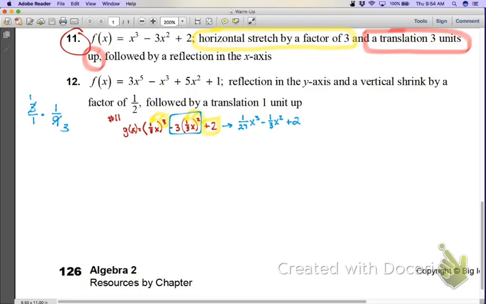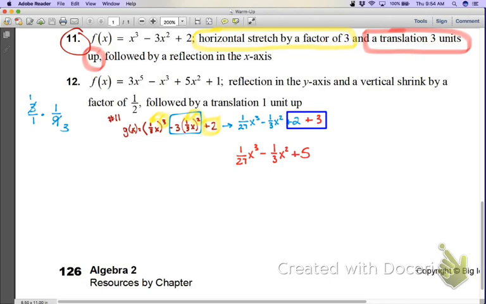On the back, right? So like my second step, I'm just going to rewrite it. I'm going to have 1/27 x to the third minus 1/3 x to the second plus 5. All I did was add 2 and 3 together. It's 5, in case you were wondering.